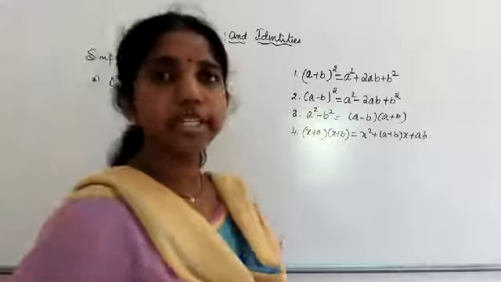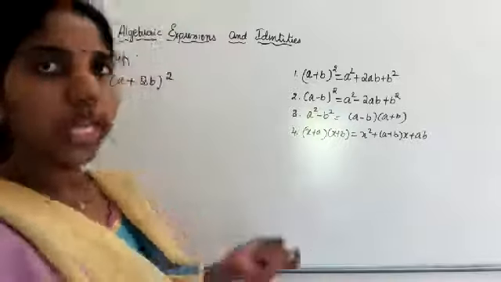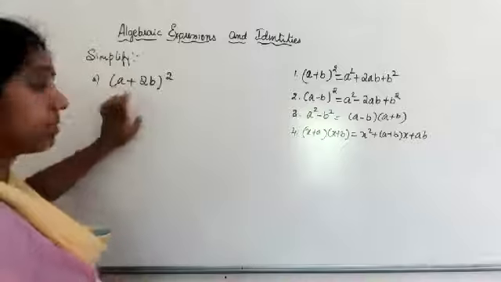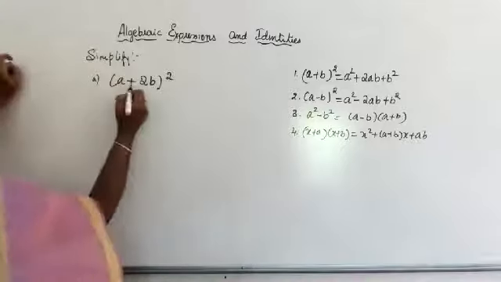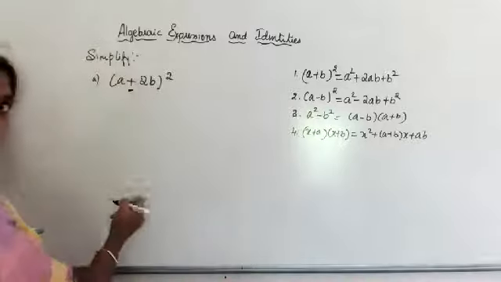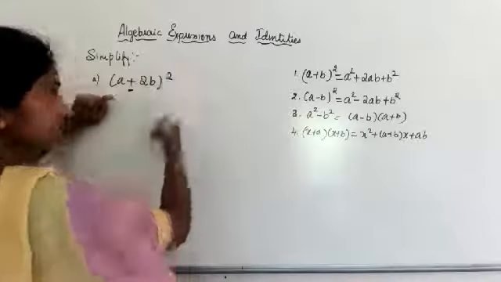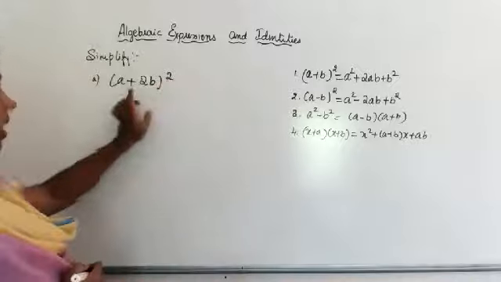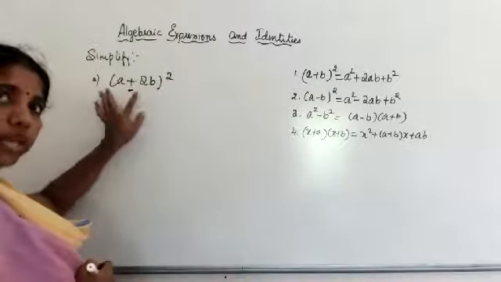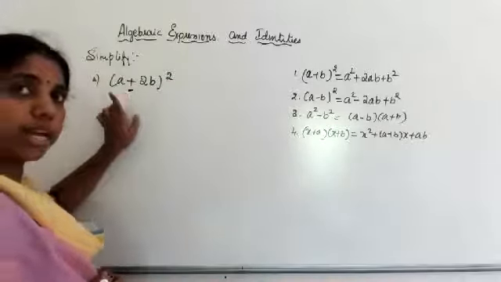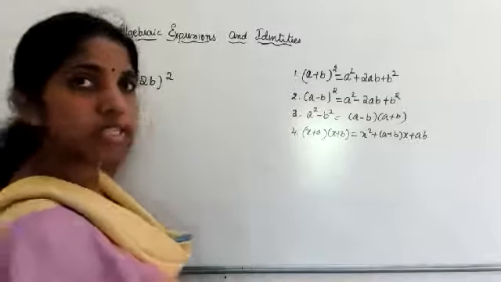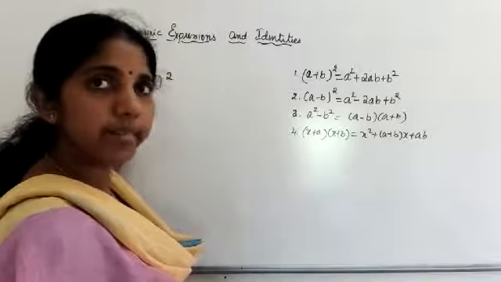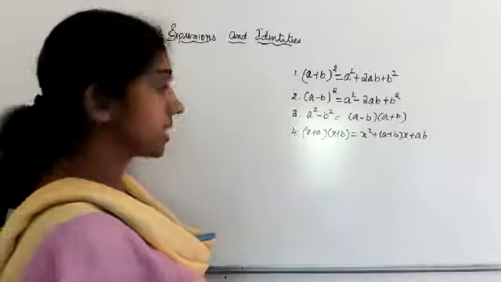Which identity holds here? For that we need to see the sign and the power. The power is 2, and we have two terms separated by a plus sign.